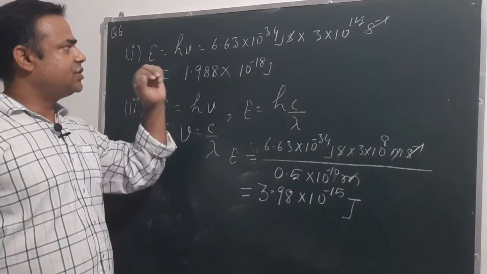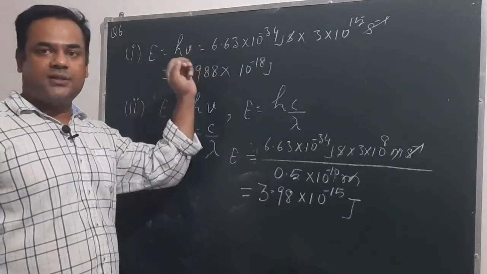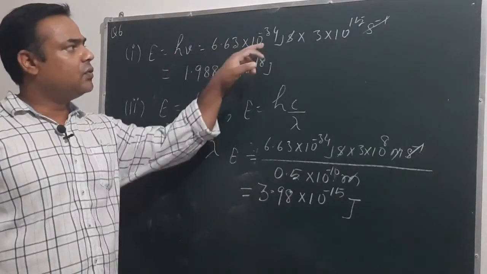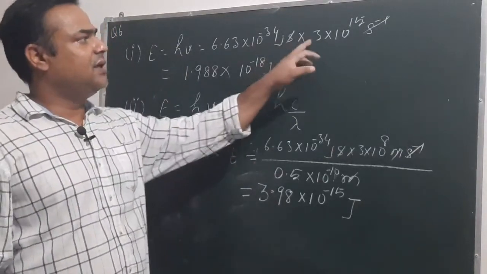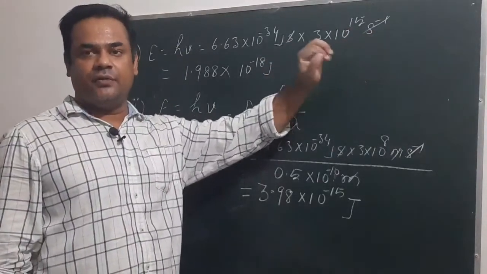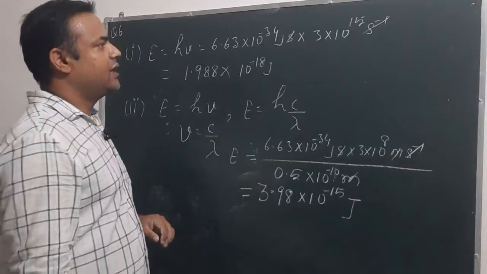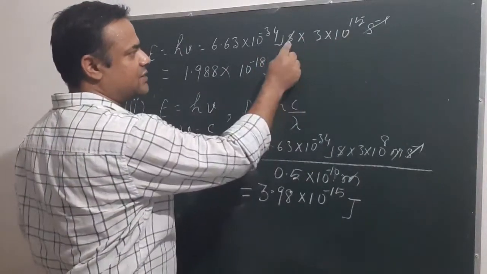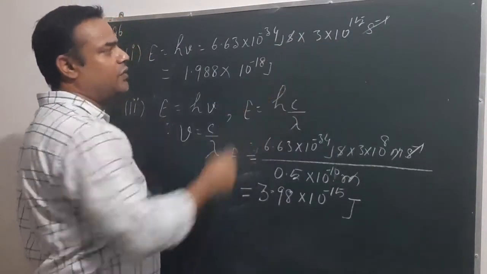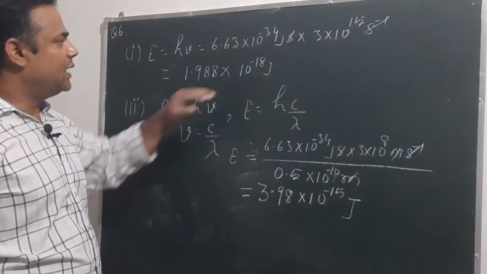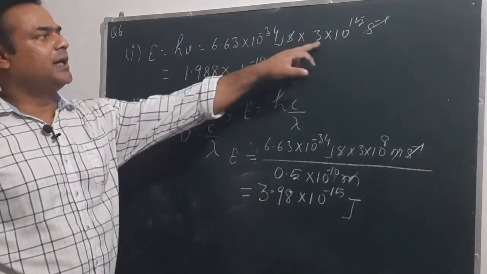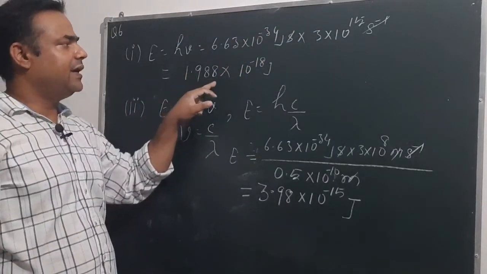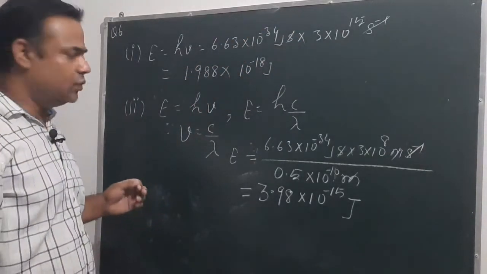The value of h, Planck's constant, is 6.63 into 10 to the power minus 34 joule second, and frequency is given in the question, that is 3 into 10 to the power 15 second inverse or hertz. From here we can see that second will cancel out. This is second, this one is second inverse. Both will cancel each other and we will have the unit of joule. And on multiplying these two numerical values, we will have 1.988 into 10 to the power minus 18 joule.